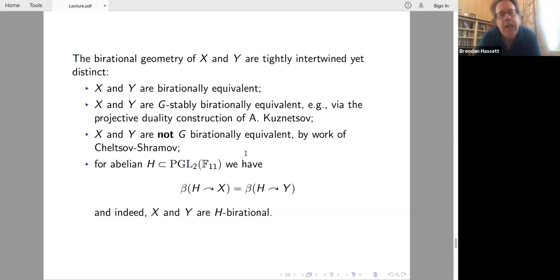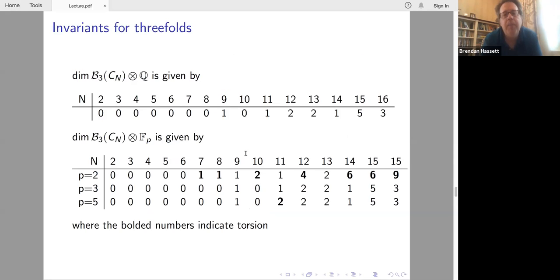Unfortunately, we were hoping that we'd be able to see this by looking at the 11-Sylow subgroup of PGL2(F11), by looking at the cyclic groups of order 11. Remember that we have an invariant for cyclic groups of order 11. We were really hoping to use this to distinguish these examples.